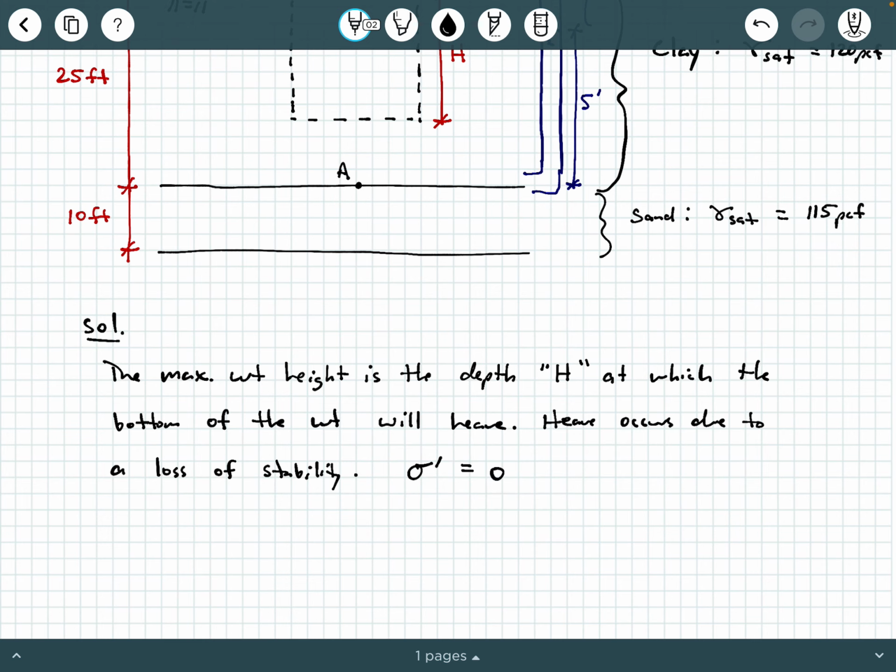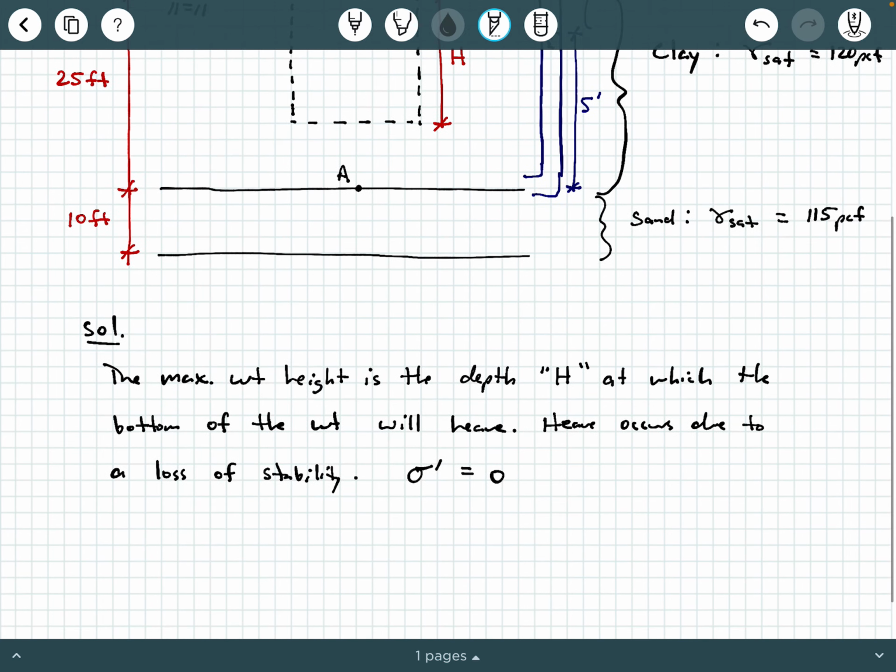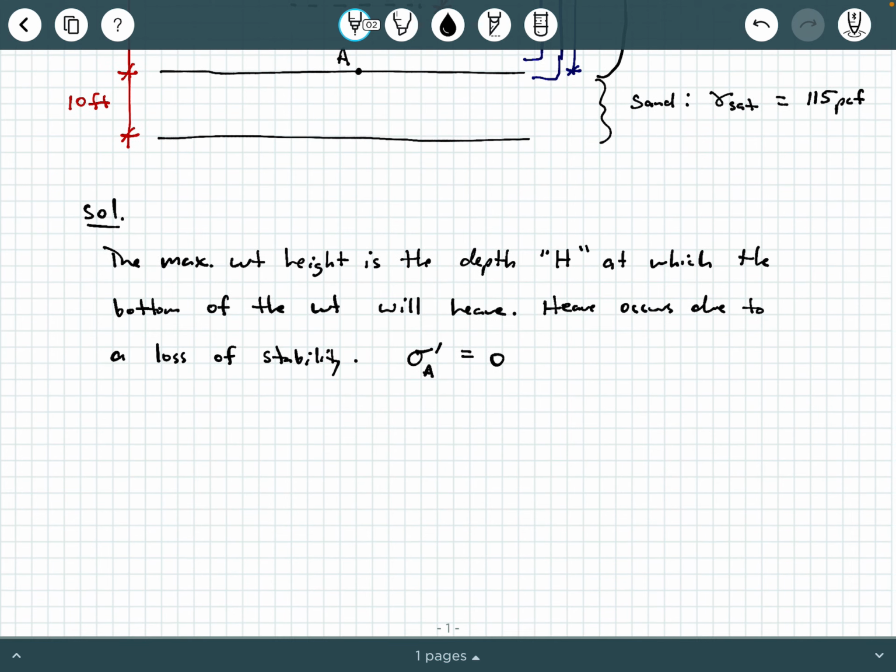Now, the point that we have labeled for us is this point A. Point A is at the interface of the sand layer and the clay layer. So the loss of stability would be at that interface. So we're going to say at point A, all right? So when effective stress goes to 0, how do we set this problem up?